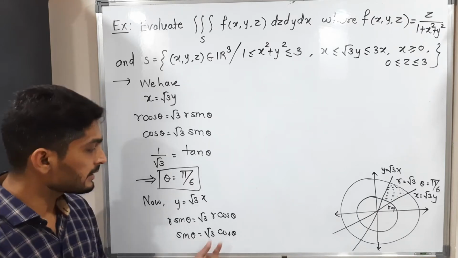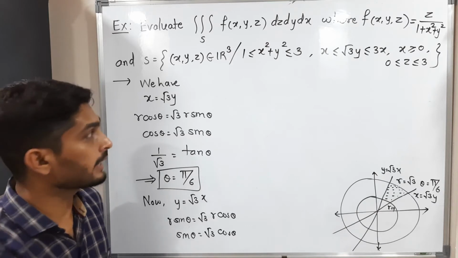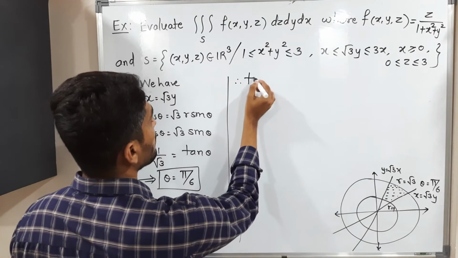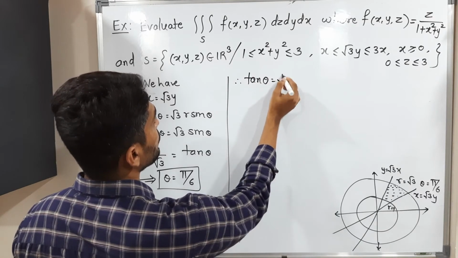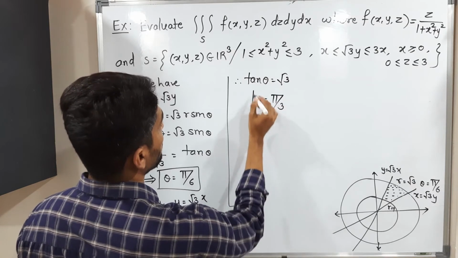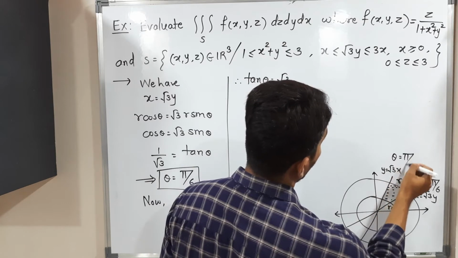So let me take this cos theta on this side. So sin theta upon cos theta, we will have tan theta. Therefore, tan theta is equal to root 3. So that means value of theta should be pi by 3.